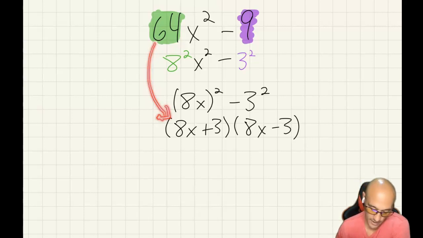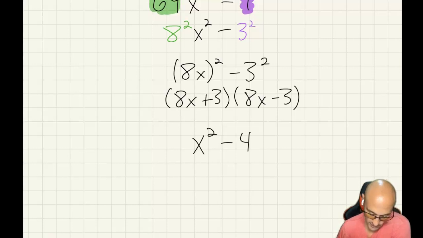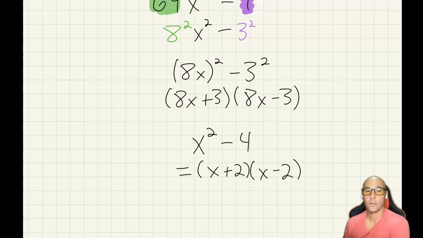Okay? And there might be an easier kind of problem that you would notice as a difference of squares, because 4 is 2 squared. And so you'd rewrite it as the quantity x plus 2 times the quantity x minus 2. Does that make sense? Yeah. So that's a difference of squares.